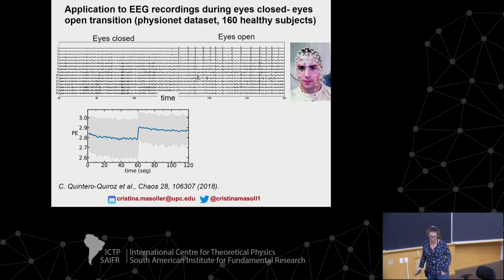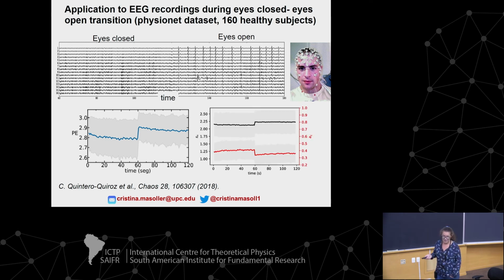If you compute the permutation entropy, you see that when the person opens the eyes, the entropy increases a little bit, seems to become more random. And if you use these other measures, which are the asymmetric coefficient or the node entropies, the entropies of the links, looking at the transition probability, you see a smaller change.